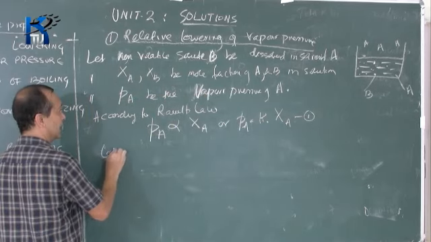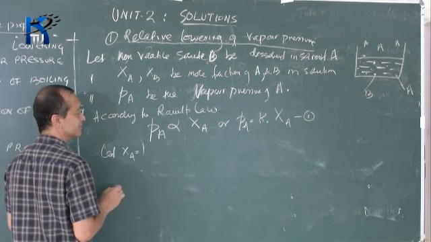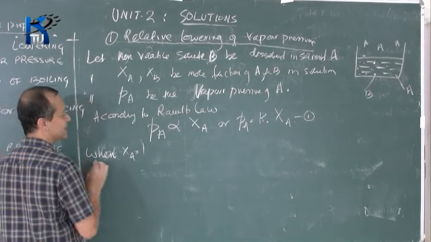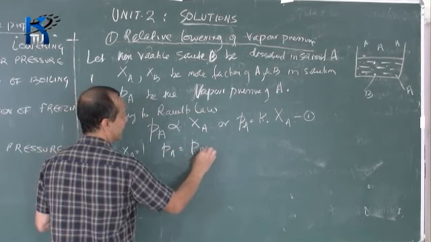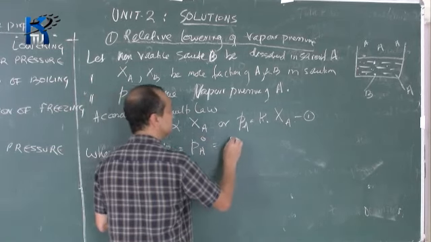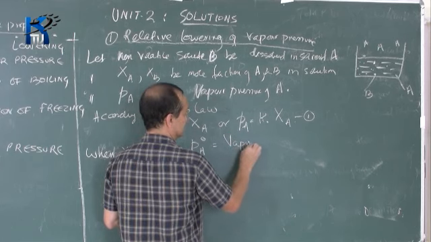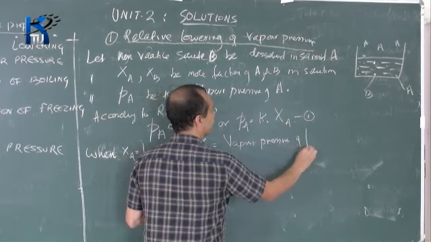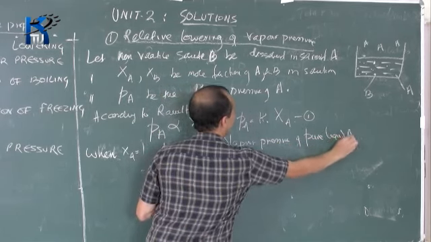Now, let XA equal 1. When XA is equal to 1, PA is equal to PA naught, the vapor pressure of pure liquid A.